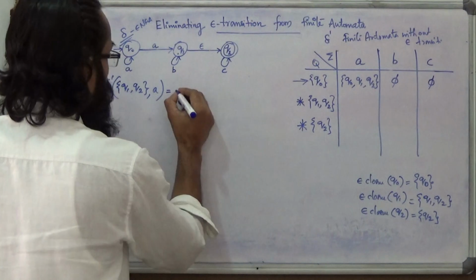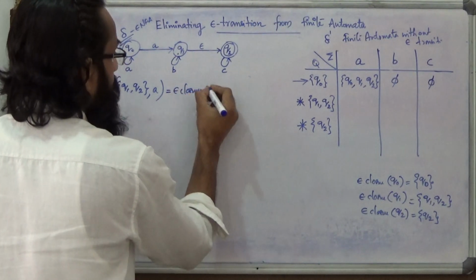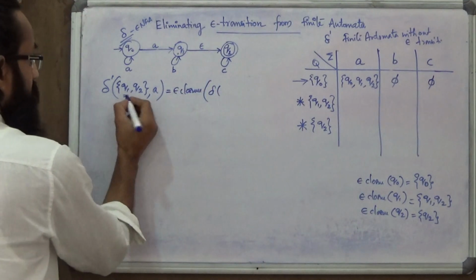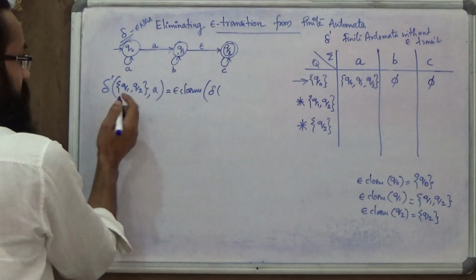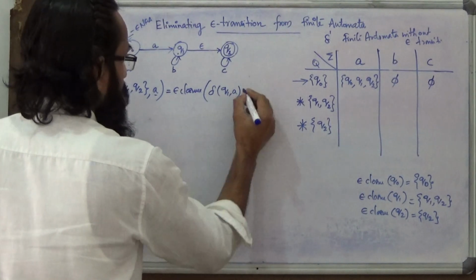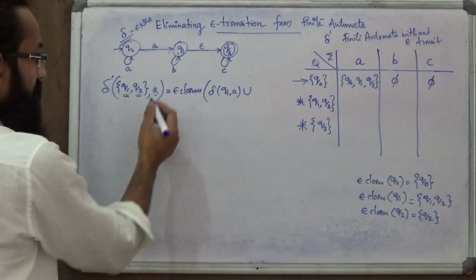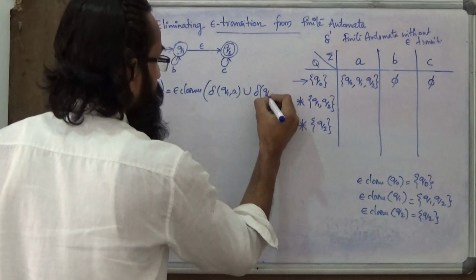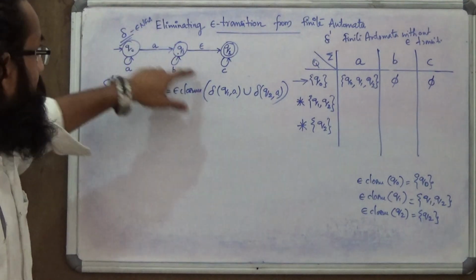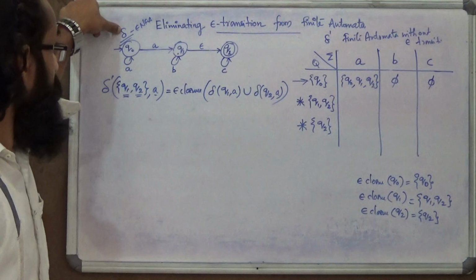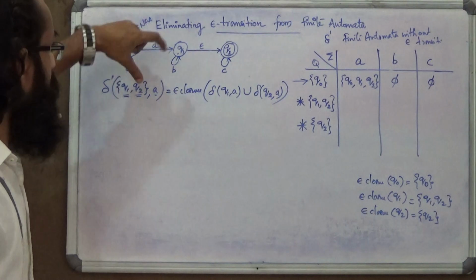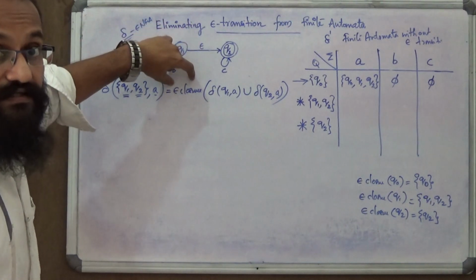This will be equal to epsilon closure of delta Q1 A union delta Q2 A. As I said, delta is the transition function in our epsilon NFA. So apply A transition to Q1, apply A transition to Q2, take the union and take the epsilon closure of the resultant set.